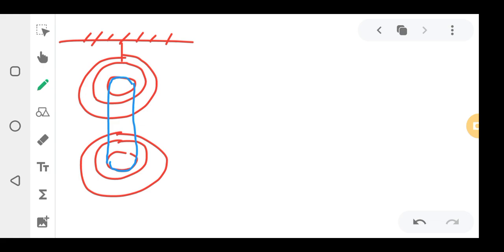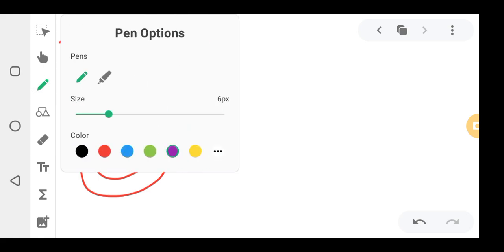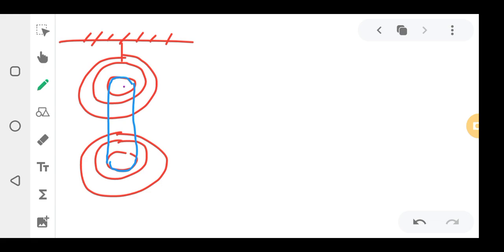I'll use different colors so that you can see them. So that's the first one, joining the first pulley inside this circle and this circle. And then the second circle also has got its own string.